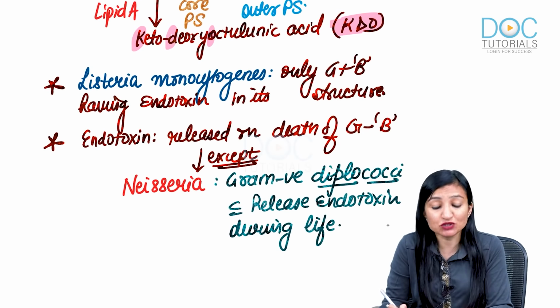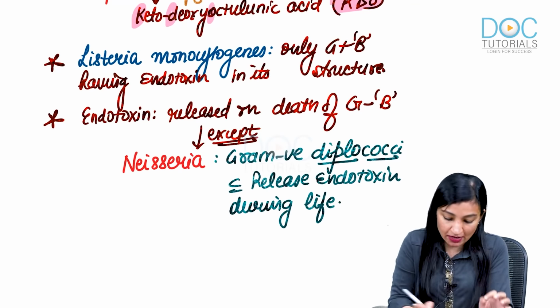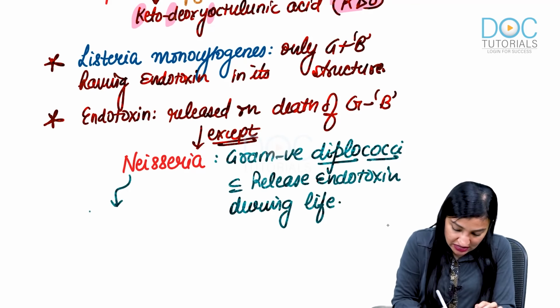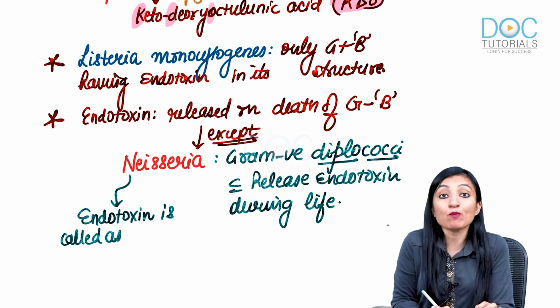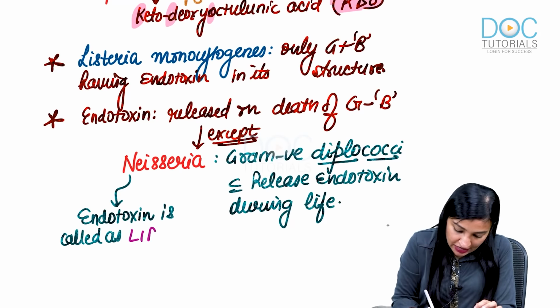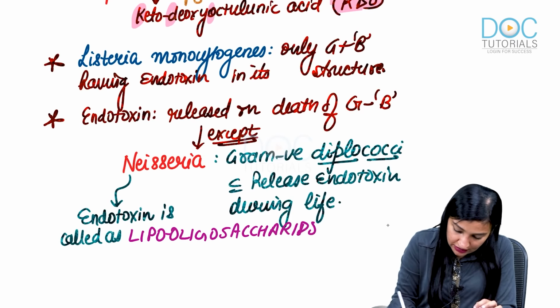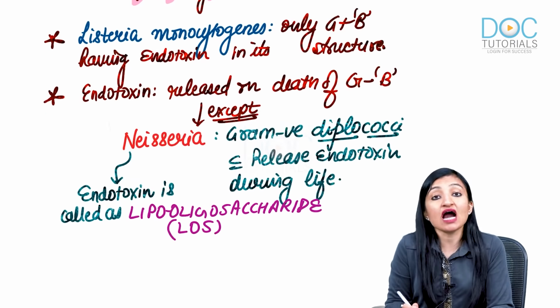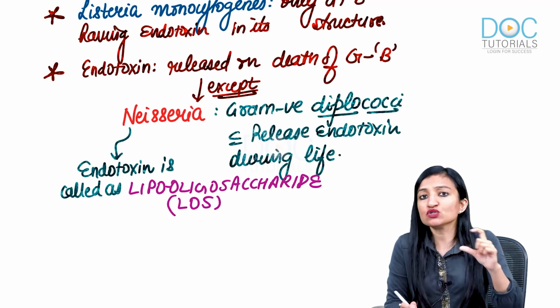Okay, so this is one exception, and there is one more exception pertaining to Neisseria. In case of Neisseria, the endotoxin is called not lipopolysaccharide but lipo-oligosaccharide, that is LOS, because the outer polysaccharide actually has less number of sugars, so it is not very long.